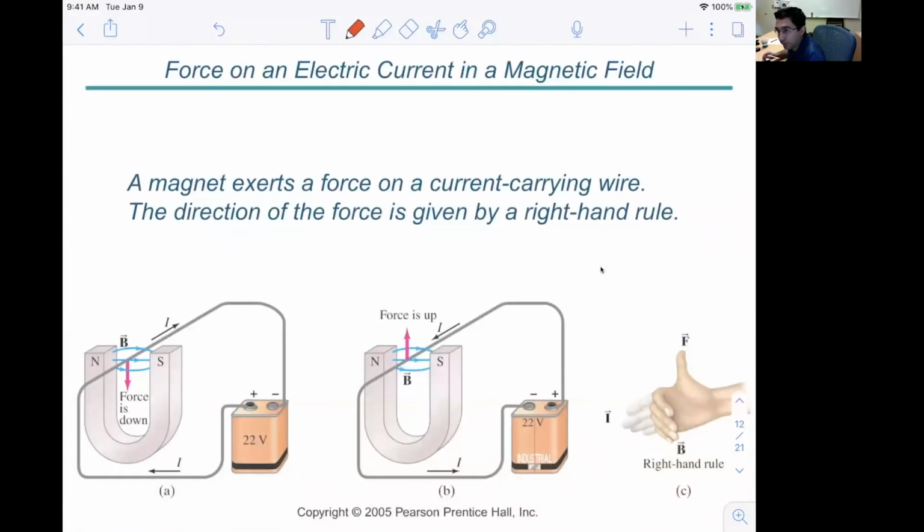Now we will move on to the force on an electric current in a magnetic field. Indeed, any current is a moving charge. You can imagine the magnetic field applies forces on each individual charge in a wire when they move. So we can define the force on the current as the total net force on the wire.